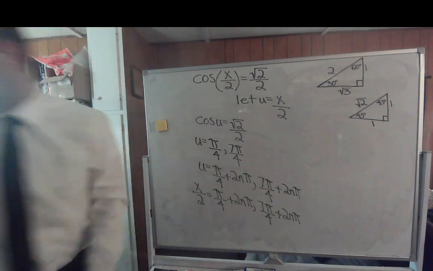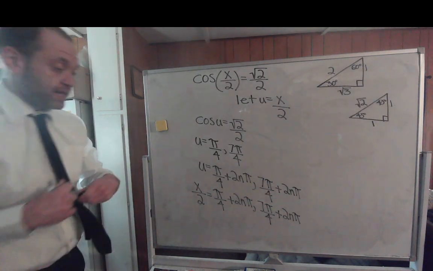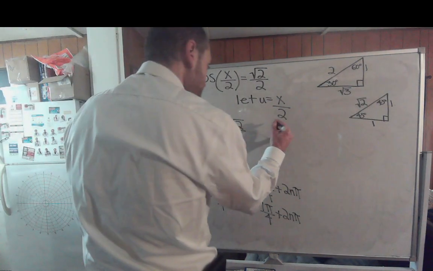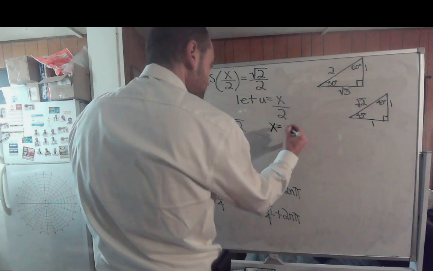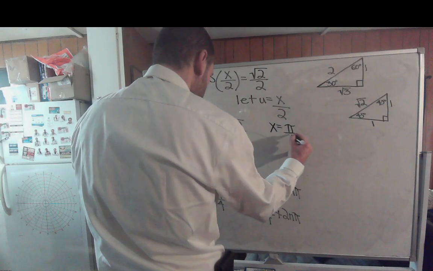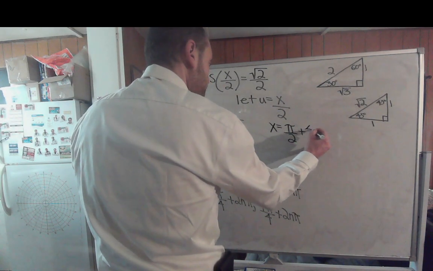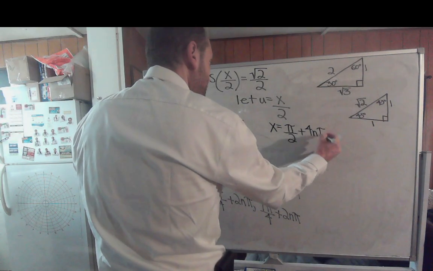Alright, so now let's go ahead and solve for x. To do that, multiply both sides by 2. You'll end up getting x equals pi over 2 plus 4n pi.